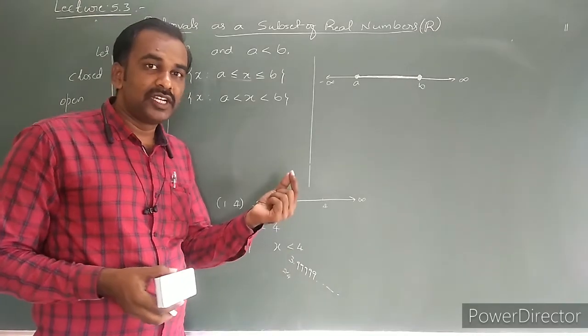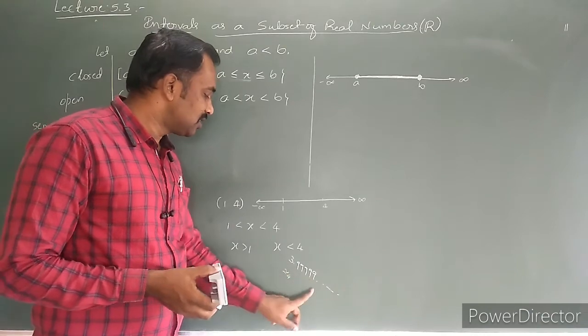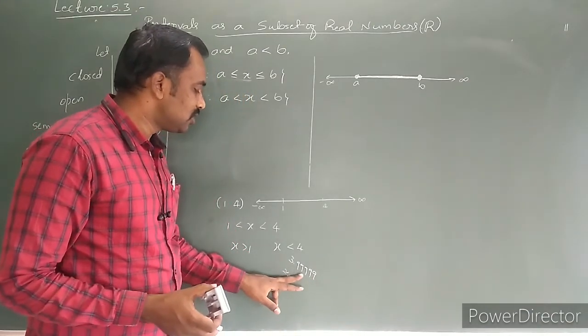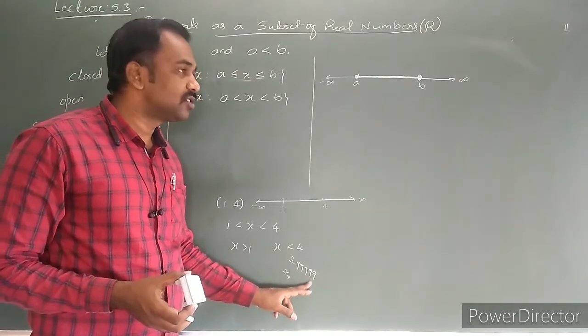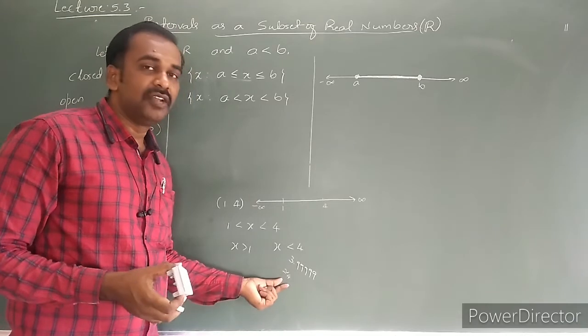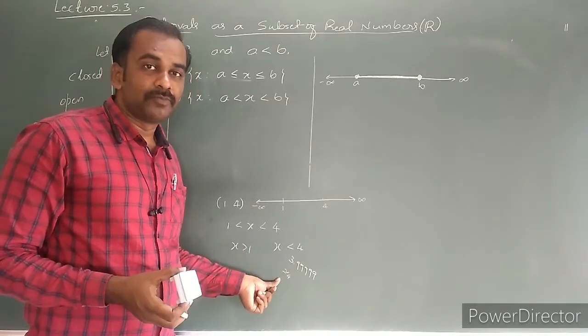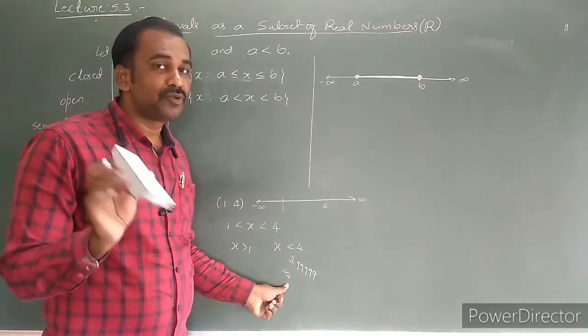There is a small difference. How much difference is there to become this value as 4? 0.00001. That much of a difference is there to become this value as 4. This value is present in this interval, but exactly 4 is not present.